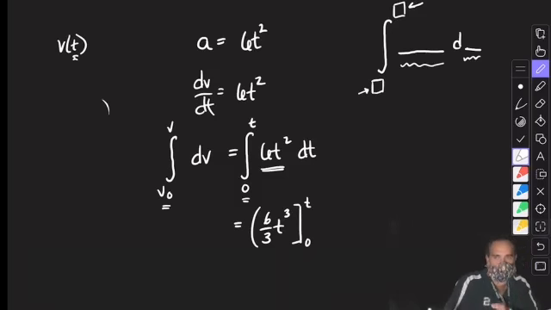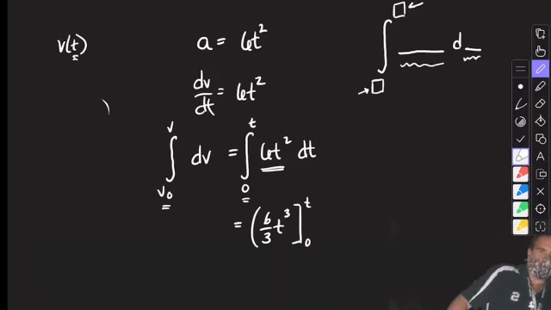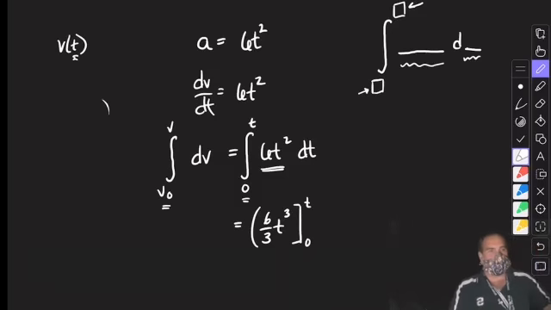Why? Because I have to find the integral of the other side too. Now, the other side doesn't appear to have a function, but that's a lie. There's an implied function, 1. It's a constant. But I can't express it in terms of 1. I have to express it in terms of v. So I put v to the 0 power. Again, this is not new. We've talked about this.